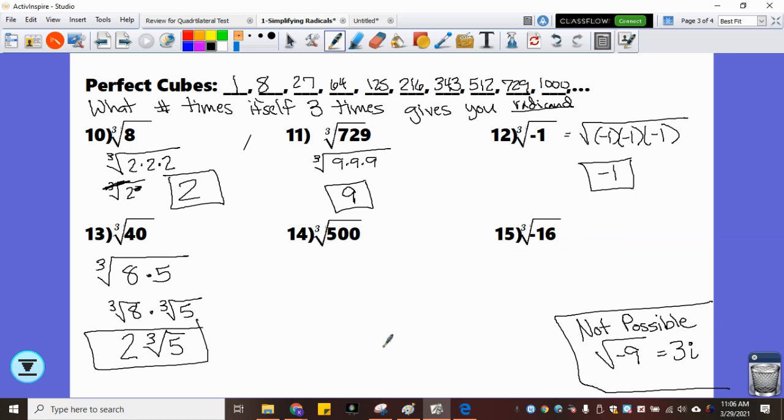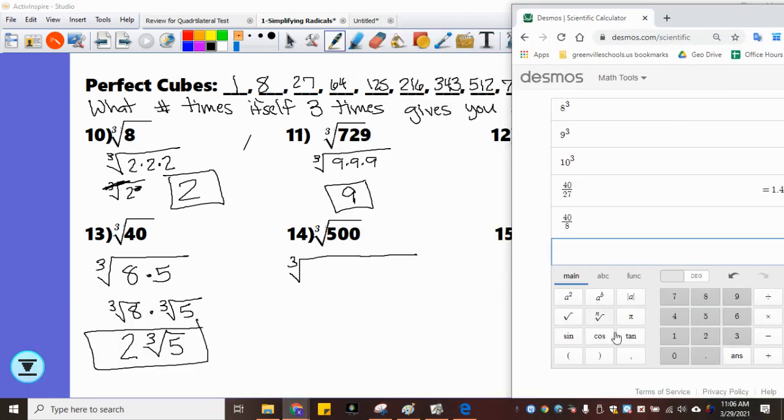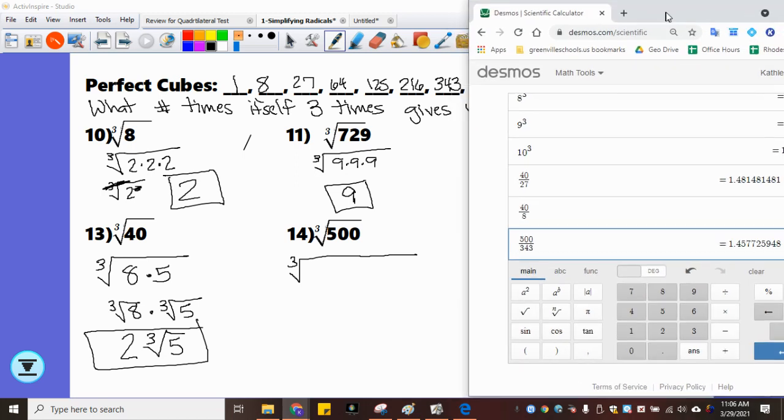All right, last 2, and then I'll pull up Delta Math so I can make sure you guys are good with that. 500. What's the biggest perfect cube that goes into 500? 10. 10's not a perfect cube. 343 is the next number on our perfect cube list, but we got a long decimal.